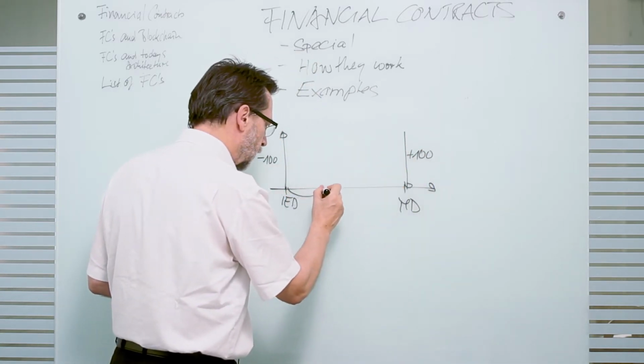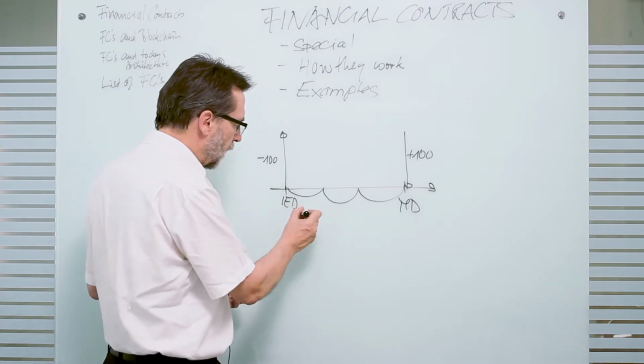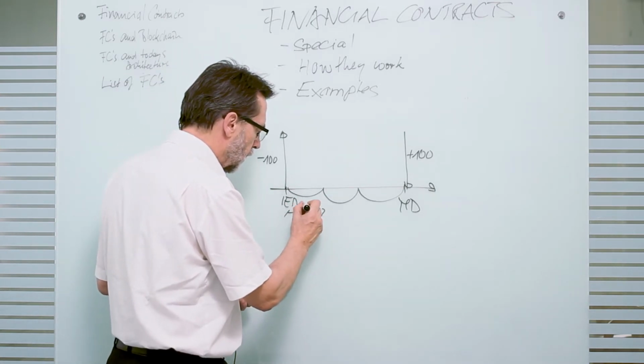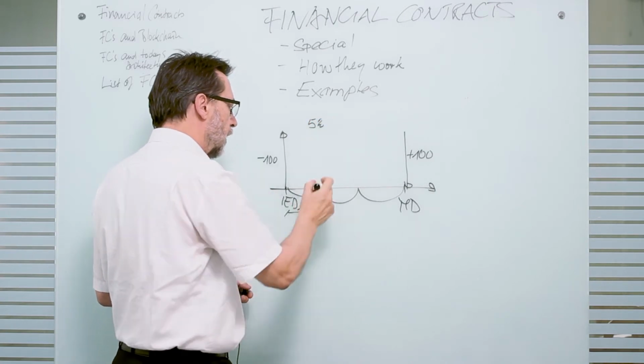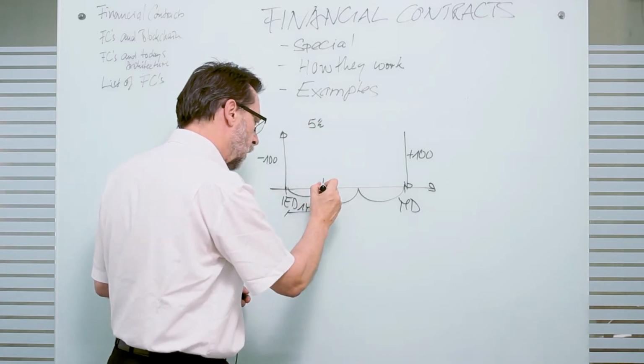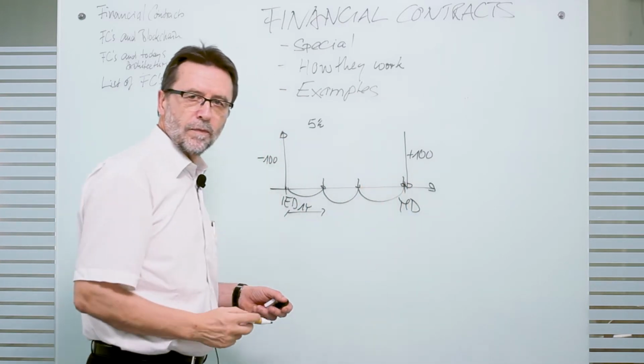And let's say we pay interest 3 times. If this is 1 year, and let's say we pay 5%, then you pay me 5 here, and 5 again here.